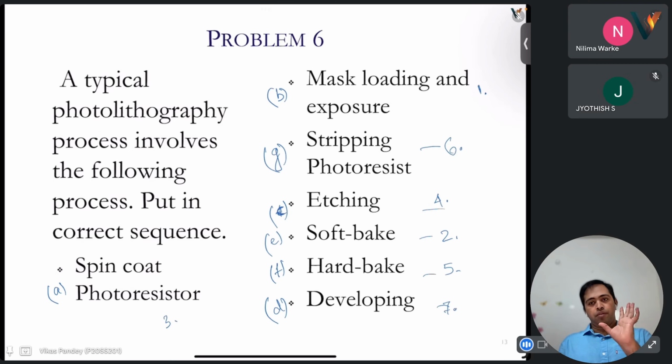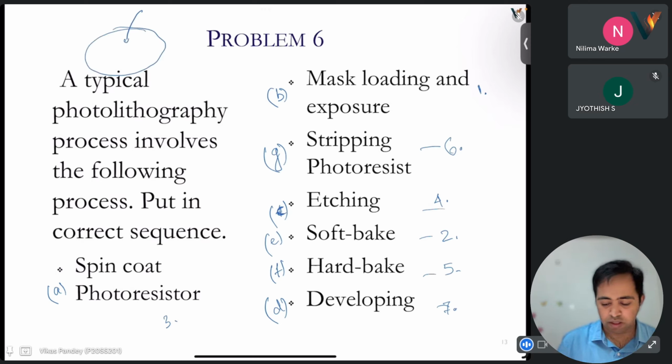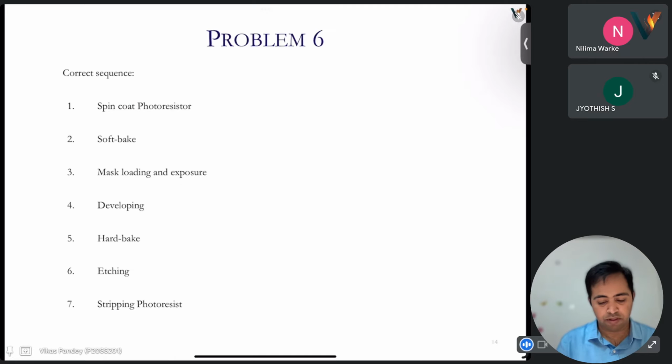We will take a wafer, and on it we put something that is photosensitive. So on this wafer we will pour something.